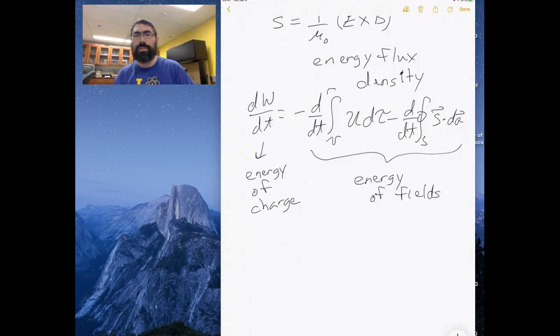So on the right-hand side, the only things in there are fields, electric and magnetic fields. On the left-hand side, we found that by looking at the Lorentz force and seeing it push a charge over a certain distance. So we see that on the left-hand side, it is the energy associated, or the work of a force, the Lorentz force, pushing a charge over a certain distance.